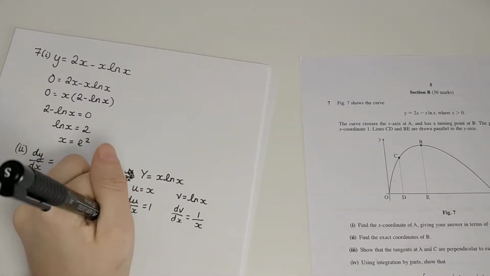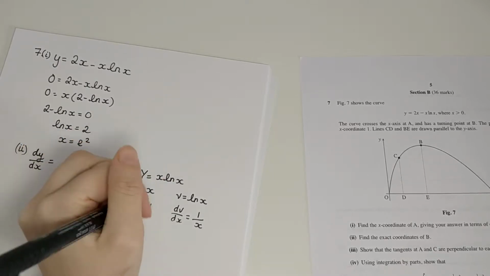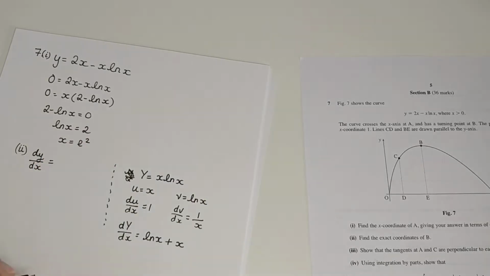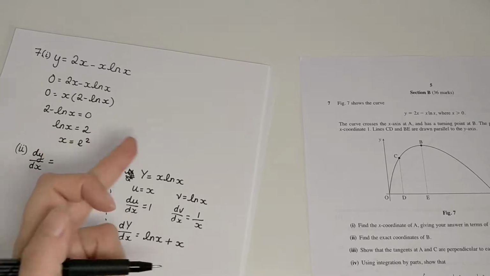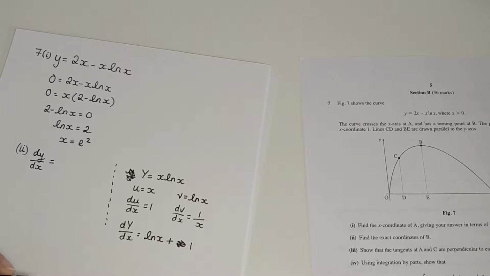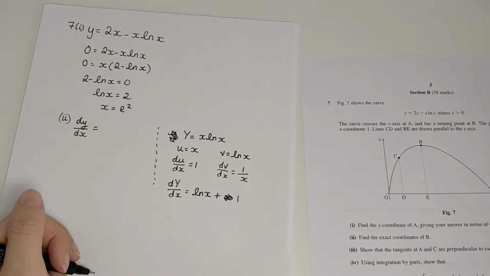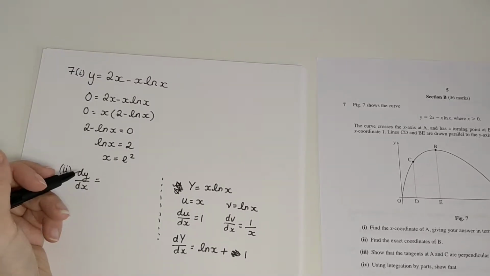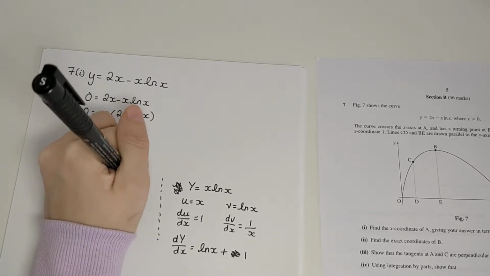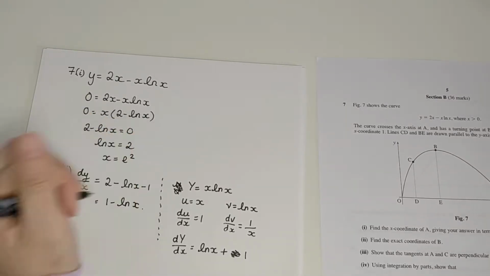And then dy by dx equals v du by dx plus u dv by dx. That was a close call. Okay, so now I know that dy by dx is going to be 2 minus log x minus 1, which is 1 minus log x.